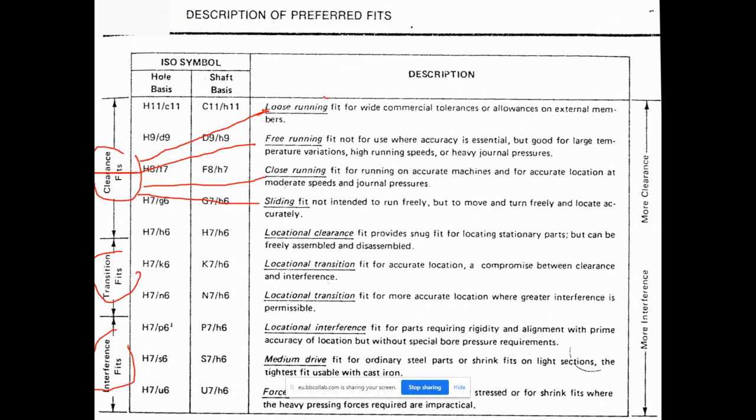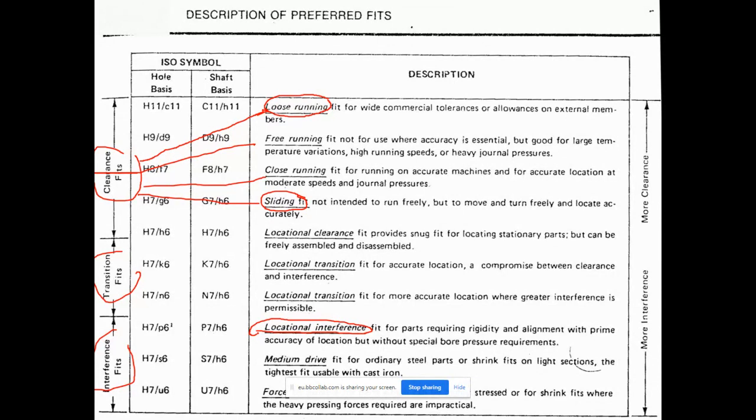In the jargon, if the fitting is loose running fit, then the clearance will be the highest. If it is sliding fit, the clearance will be minimal, very small. Similarly, for interference fit, we use the phrase locational interference fit as the type of the fitting.